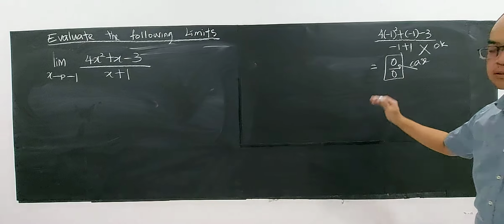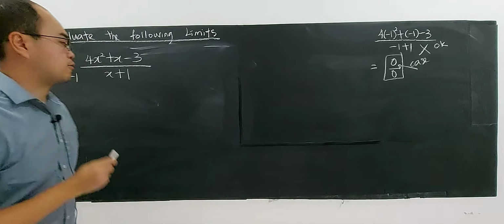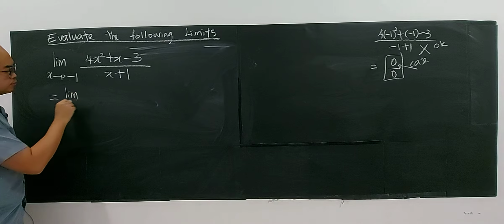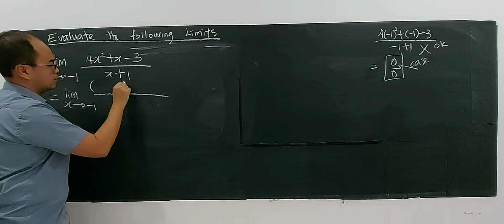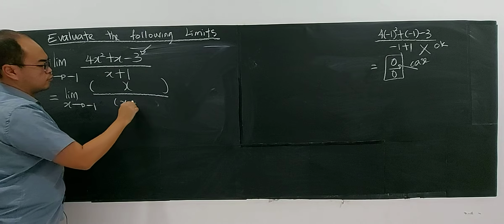If this is the case, you use the method of factorization. You factor out the common factor. Of course, this is a quadratic that you need to factor.